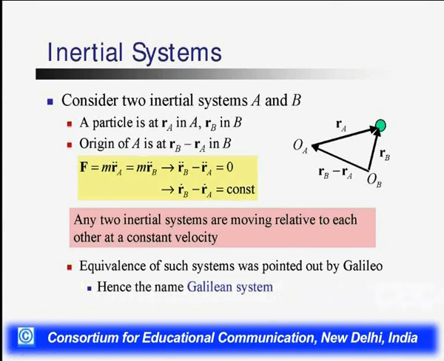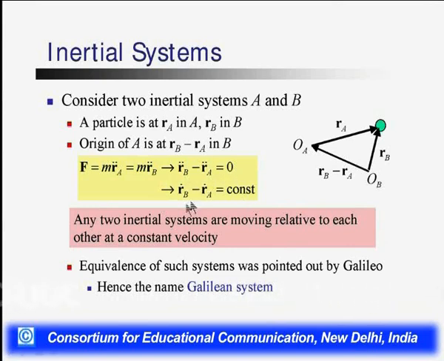Any two inertial systems are moving relative to each other at a constant velocity. Here it means RB minus RA is a constant, with the double derivative equal to 0.